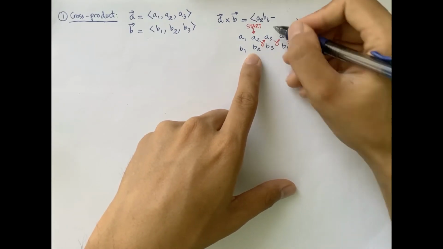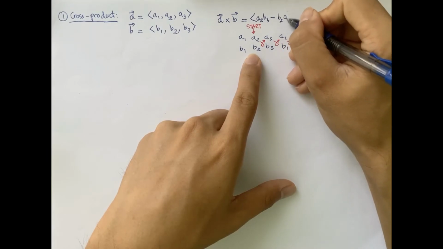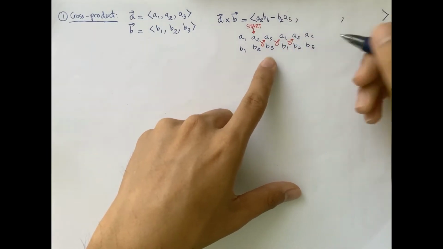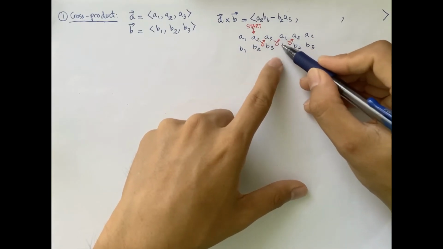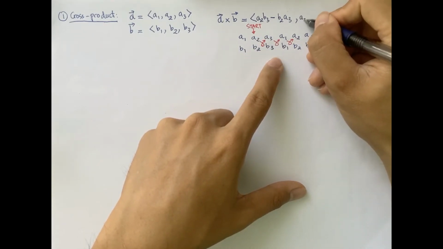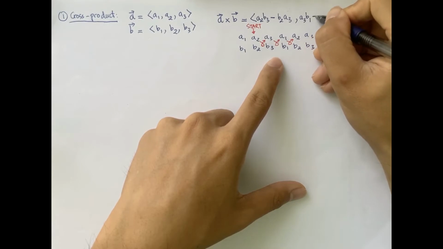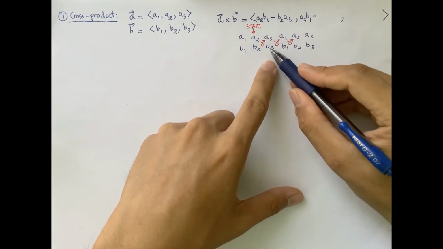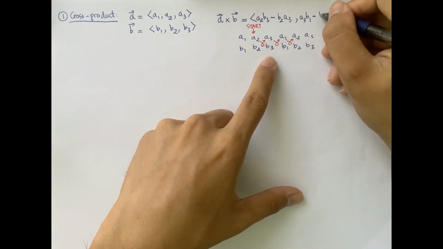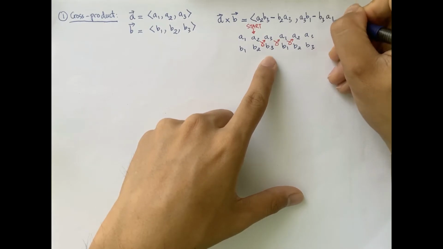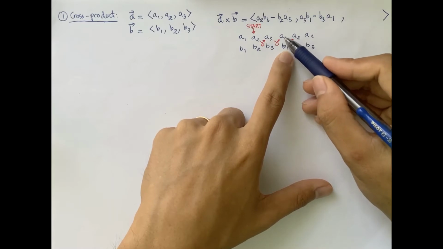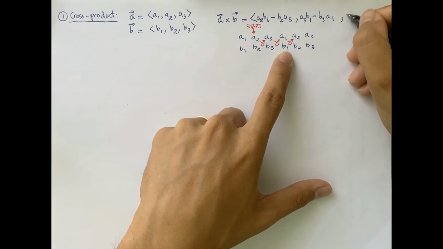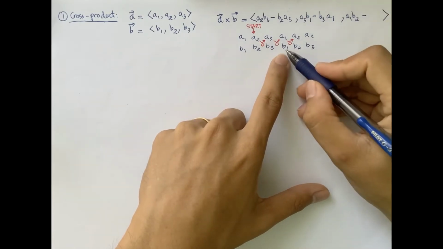Then A3 B1, subtracted by B3 A1. Then the third clockwise gamma means you multiply A1 and B2 and subtract B1 A2.